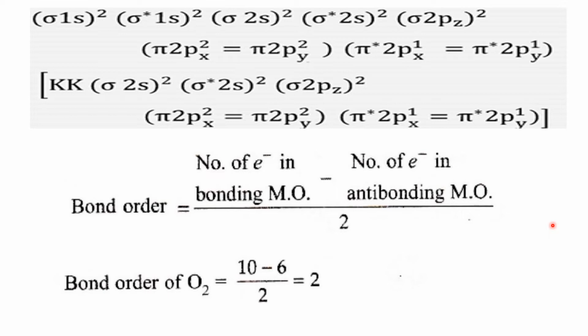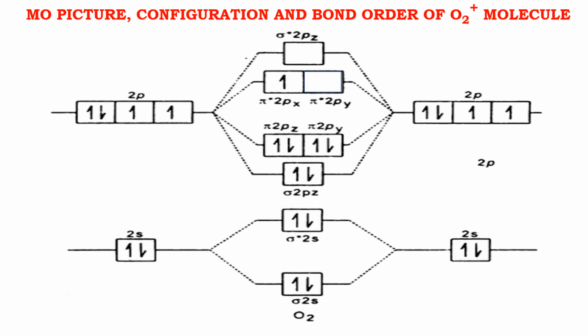Experimentally, it has been proved that oxygen molecule is paramagnetic to the extent of 2 electrons. So we could say the bond order of oxygen is 2 and there exist 2 bonds, one sigma and one pi, between the oxygen atoms in the oxygen molecule.